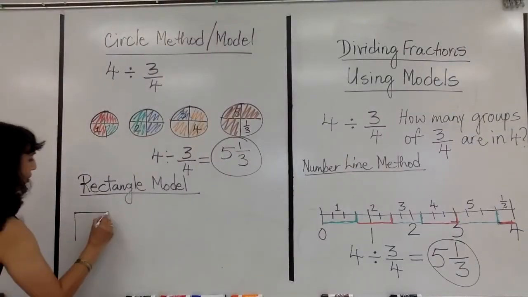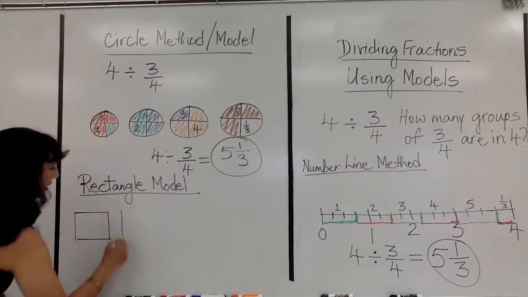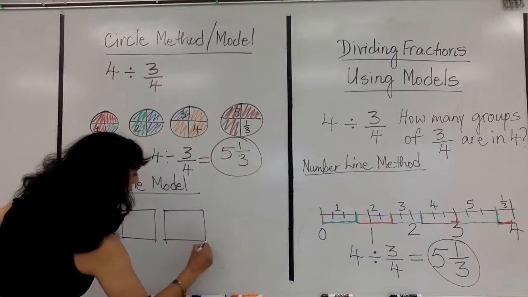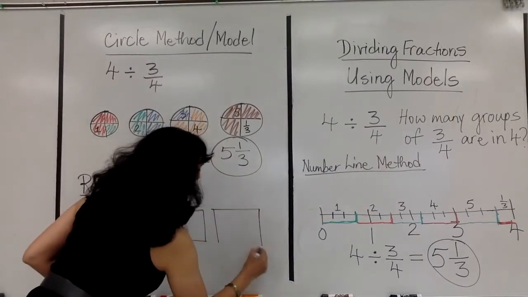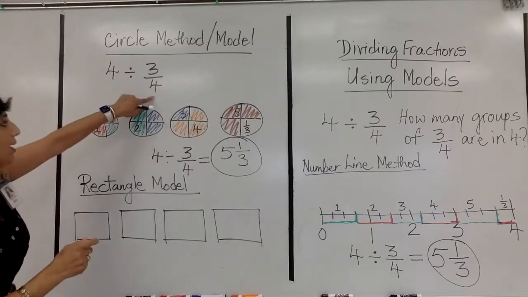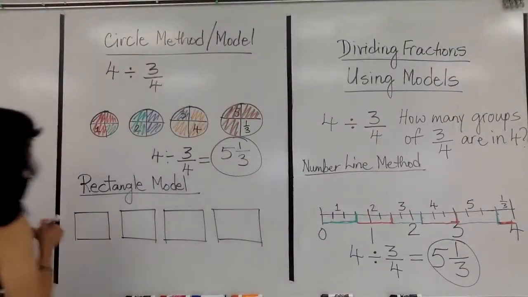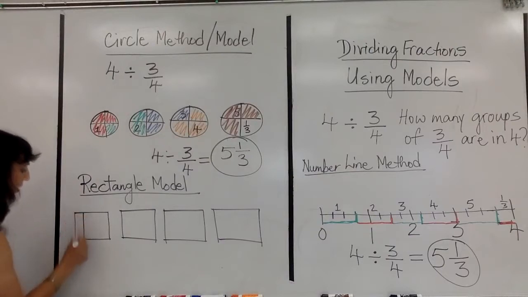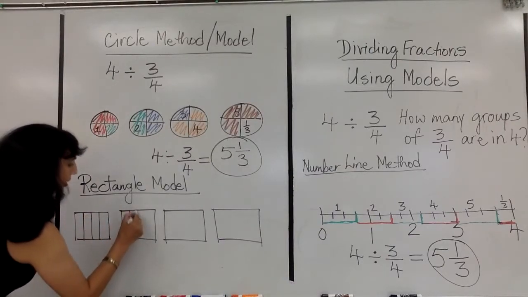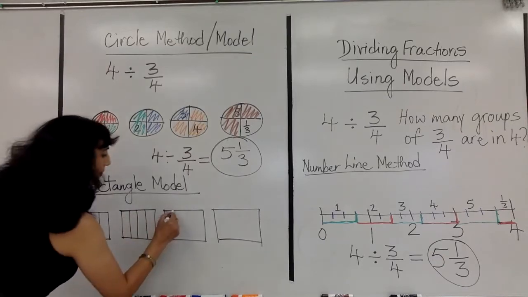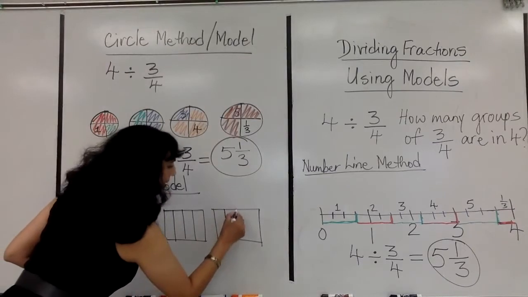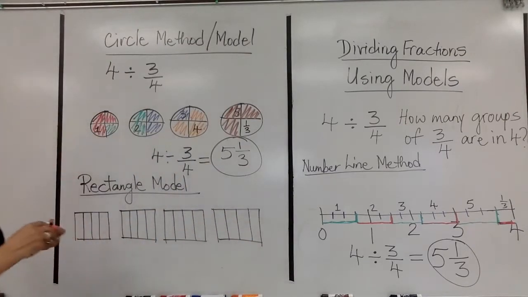So you have 4 rectangles, 1, 2, 3, and we have 4 rectangles. And then we look at the denominator. So we are going to break it apart into 4 parts. 1, 2, 3, 4. 1, 2, 3, 4. 1, 2, 3, 4. 1, 2, 3, 4.